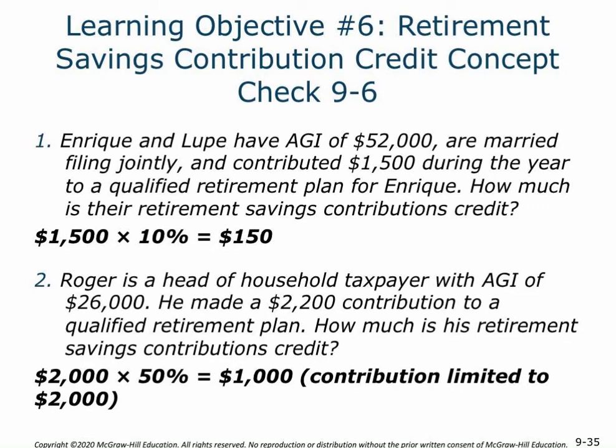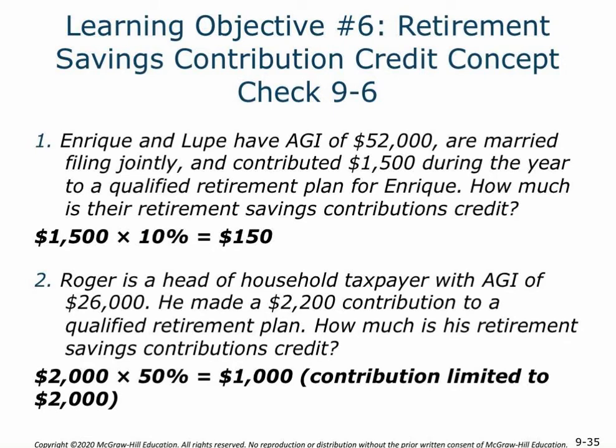Concept check 1. Enrique and Lupe have an AGI of $52,000, are married filing jointly, and contributed $1,500 during the year to a qualified retirement plan for Enrique. How much is the retirement savings credit? We're going to take $1,500 for the contributed amount times 10% for the percentage to get $150.